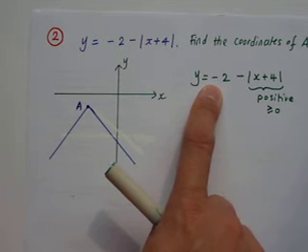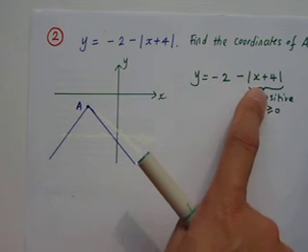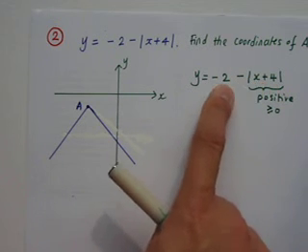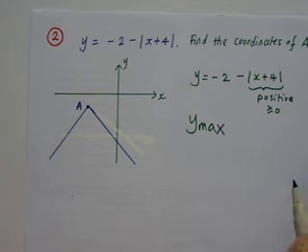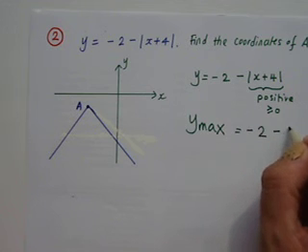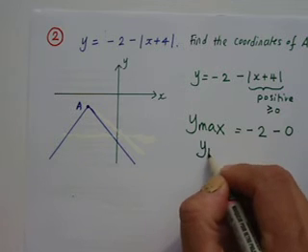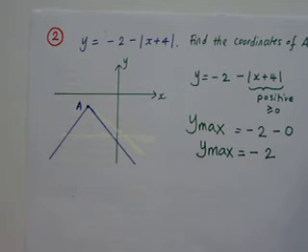When you subtract something, it will be less than negative 2. So if you subtract 0, that means you subtract nothing, then the maximum value will be minus 2. So y maximum is negative 2.